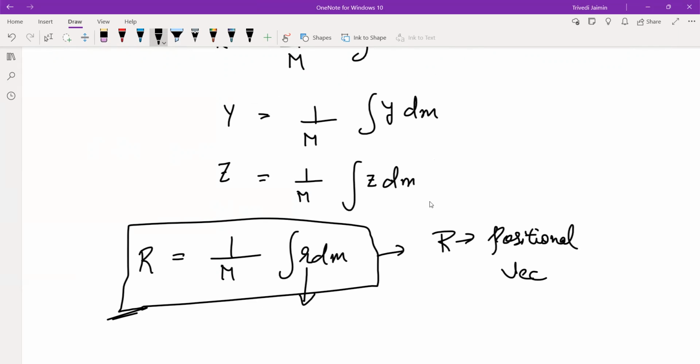This small r is the position vector of each particle.